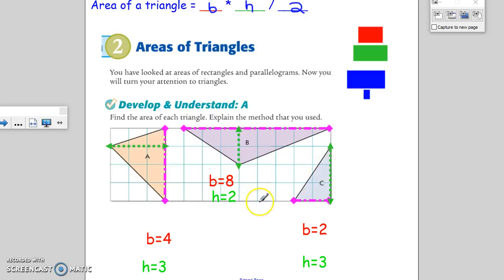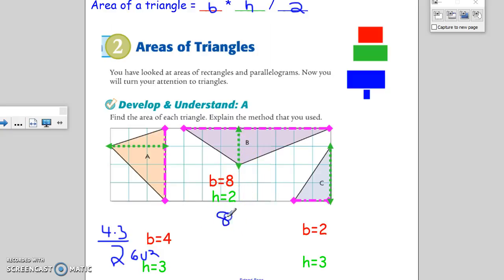Okay? So over here, we have 4 times 3 divided by 2, which is 12 divided by 2, which is 6 square units. This one's hard to write on, but easier to manipulate, which is why we're using it. It looks a little different than what we're used to, I know. This one has a base of 8 and a height of 2.